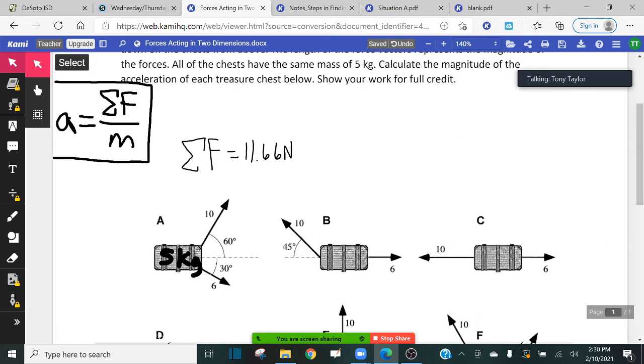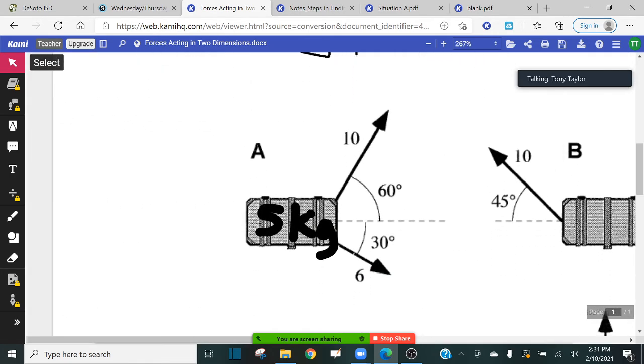But guys, someone tell me, what is the last thing we need to do on situation A? If we know that the net force is 11.66 newtons, and we know the mass of the treasure chest is 5 kilograms, how can we calculate the acceleration? Anyone? Divide by mass. Yep. And when y'all do that, what do y'all get?